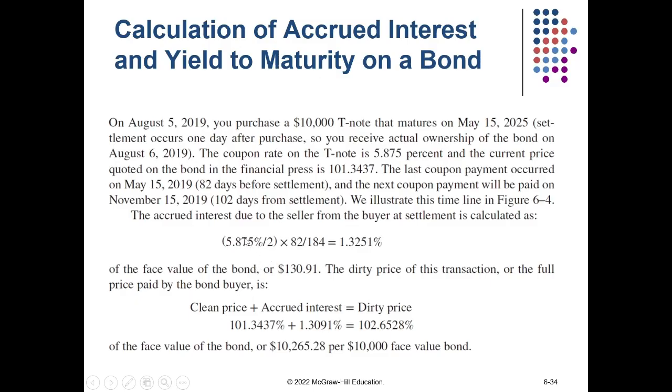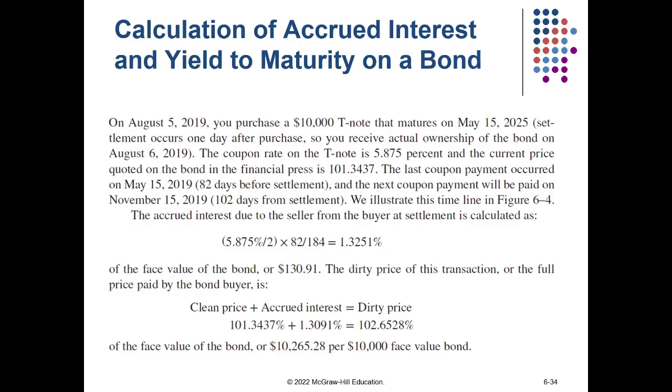Therefore, this is like semi-annual coupon interest payments, and then times the proportion of the days that has been held by the seller, which is 82 days, divided by 184, right? Because they already held it for 82 days, and then there is still 102 days left from the settlement, which means in total this period is 184 days.